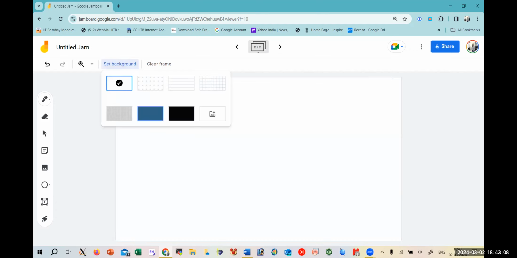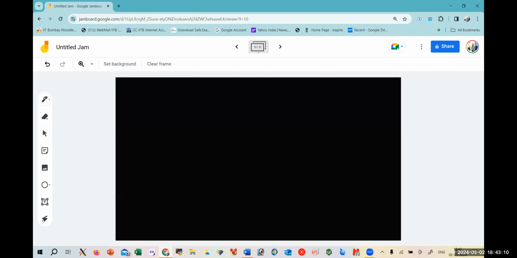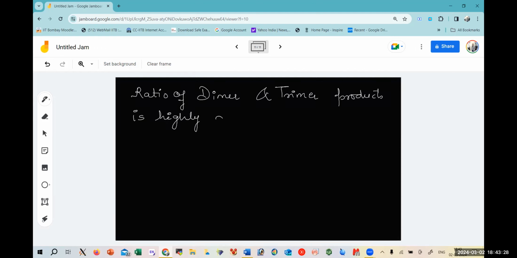So the highlighting point over here is that the ratio of your dimer and trimer products is highly dependent on the concentration of your substrate.